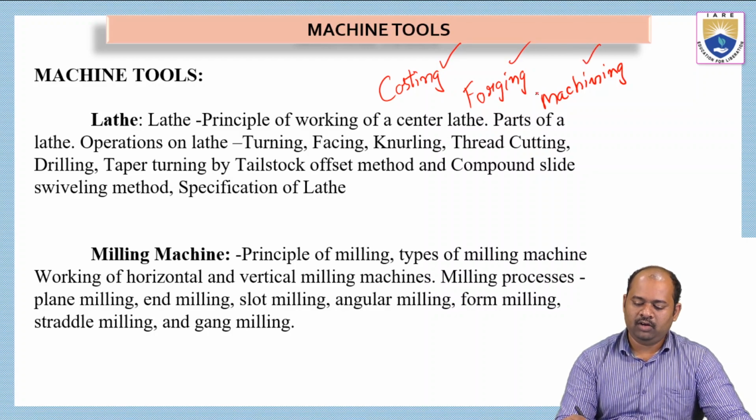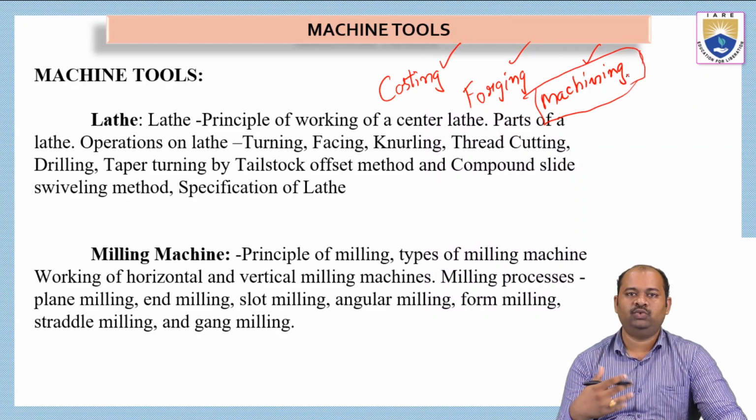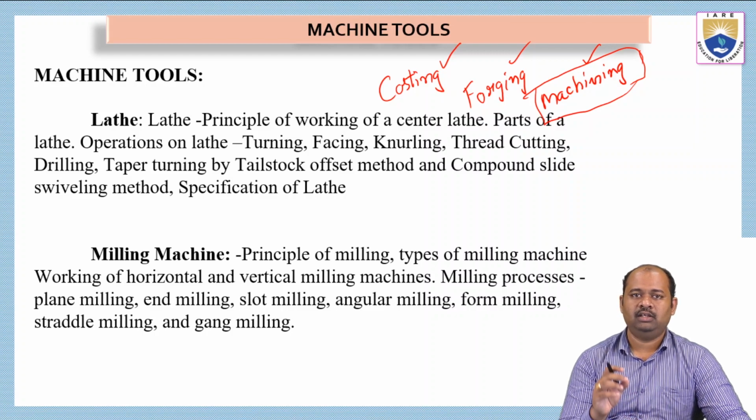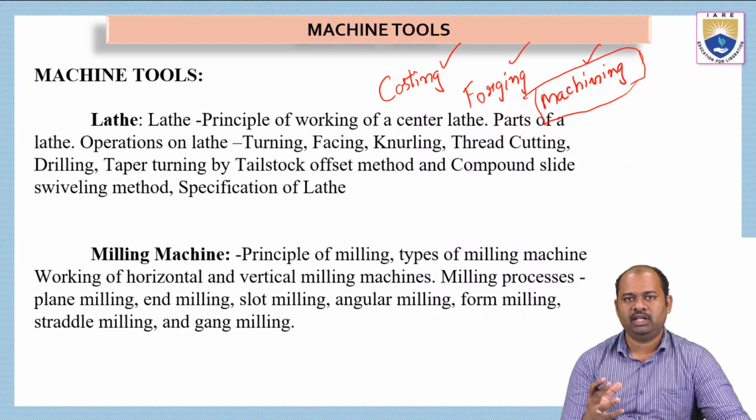Now, when we want to study what machining is, we have to know what machine tools are. Machining is a process in which we convert the size and shape of a particular metal object by using other tools. These tools are made up of high-speed steel, which has more strength and toughness compared to the base metal.